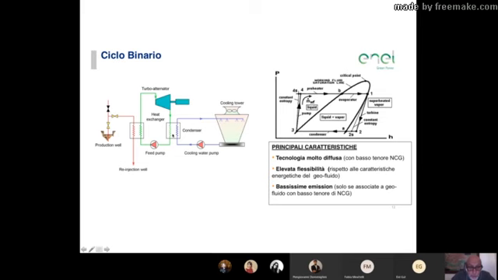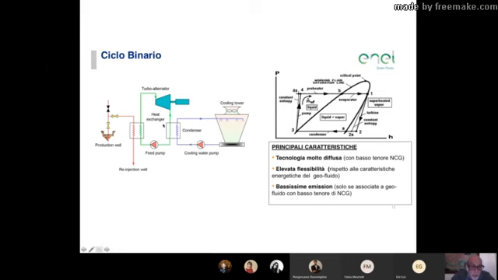Then you recover your fluid at the end past the turbine, and you pass it in a second heat exchanger, which is the condenser, that runs. There are two types of condensers, on water or simply on air.